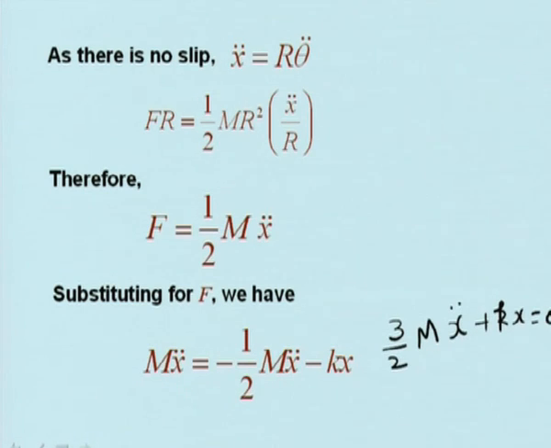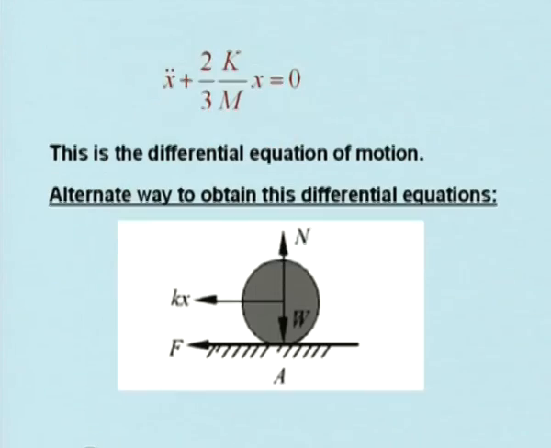Compare this equation with the spring mass system, where we had m x double dot plus kx equal to 0. Here we have 3 by 2 m x double dot plus kx, so the effective mass is actually more. So x double dot plus 2 by 3 k by m x equal to 0. This is the differential equation of the motion of a cylinder held by the spring.